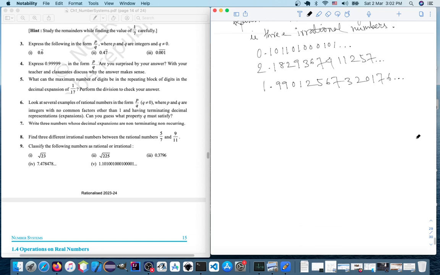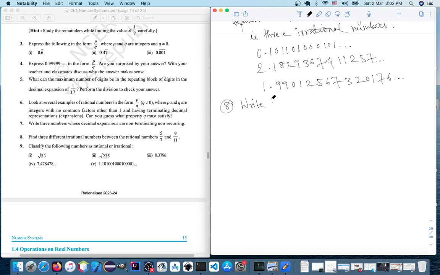Okay, what is 8? Find 3 different irrational numbers between the rational numbers 5 by 7 and 9 by 11.